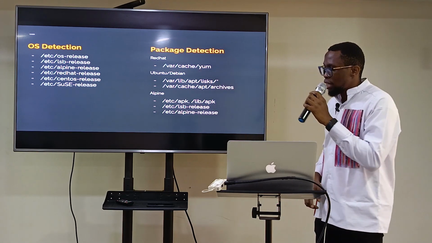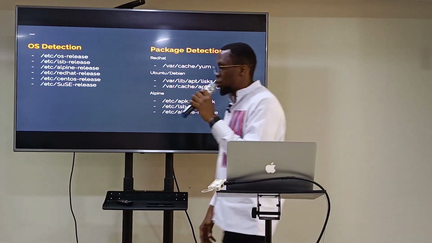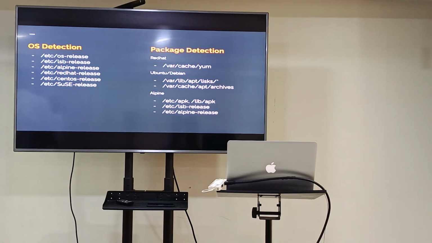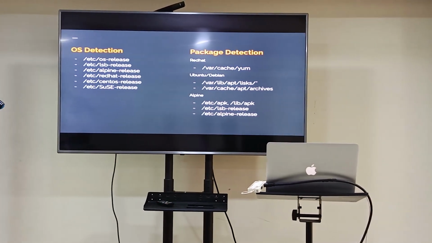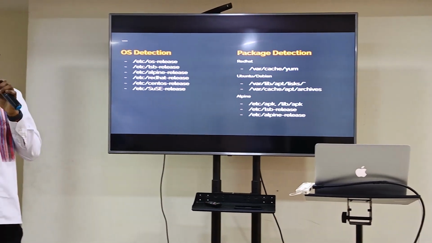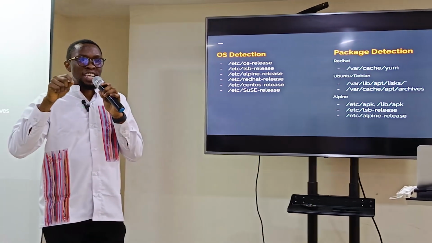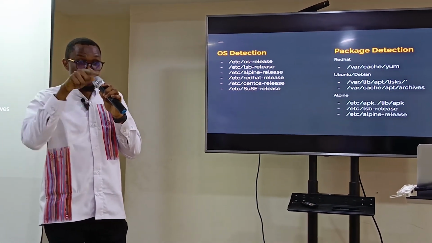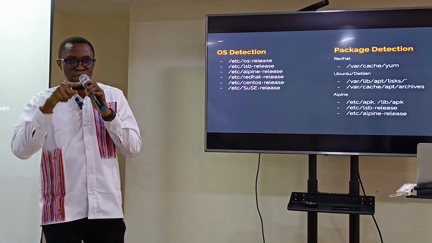The very first thing vulnerability scanners do is try to detect what the OS of that image is. And there are certain files they look for. It means that if those files are not there, do you think they will be able to see those vulnerabilities?